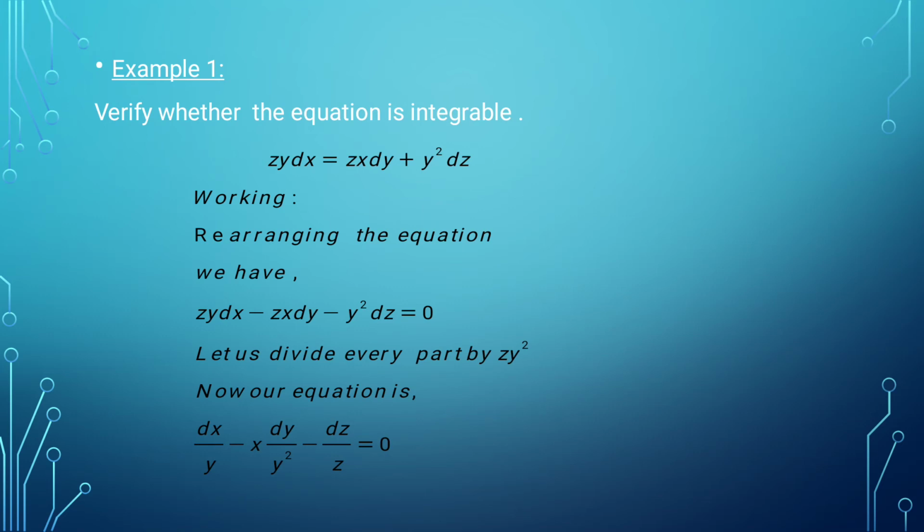Now we want to make it a bit simpler and arranged well, in this format correctly. So we divide every part by zy squared, and therefore we get this, and this, and this.